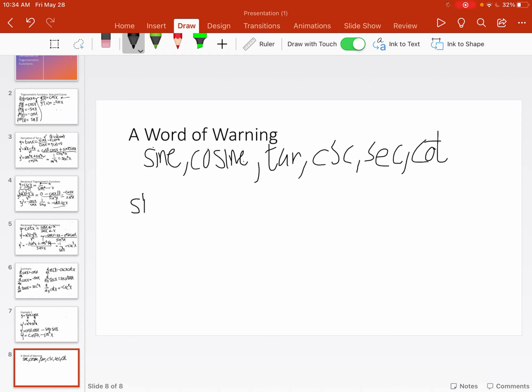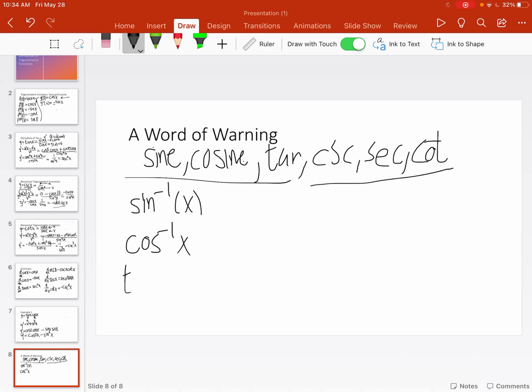What we did not do was find the derivatives of these, our inverse trig functions. We only dealt with our trig functions and our reciprocal trig functions. I want you guys to be aware of that.